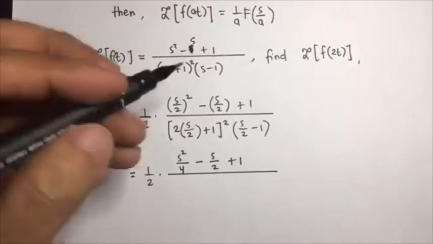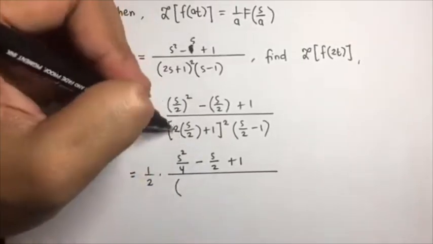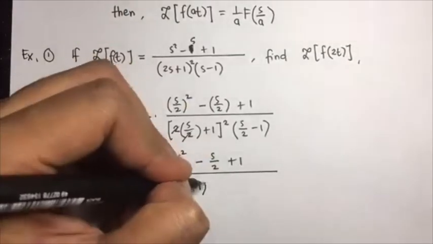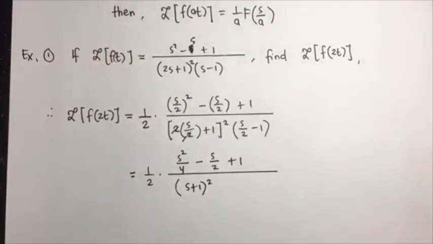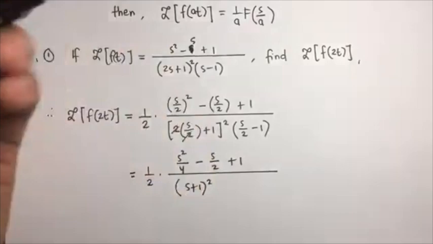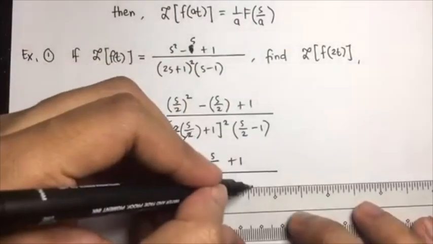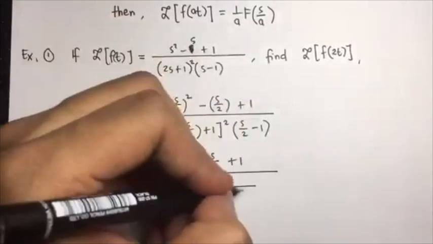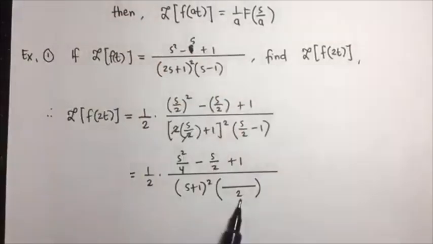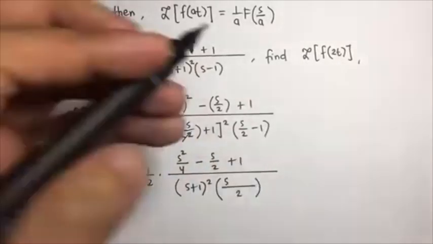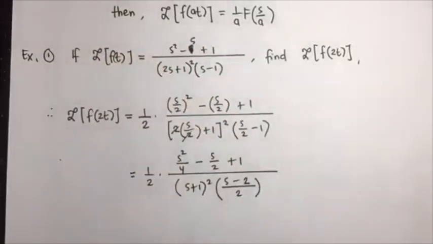The denominator will become s plus 1 squared, multiplied by, combining this, the least common denominator is 2, so 2 divided by 2 times s is equal to s, and 2 divided by 1 times 1, so that is minus 2.